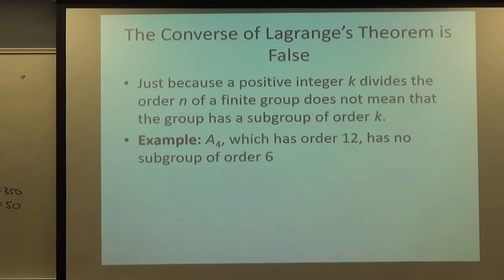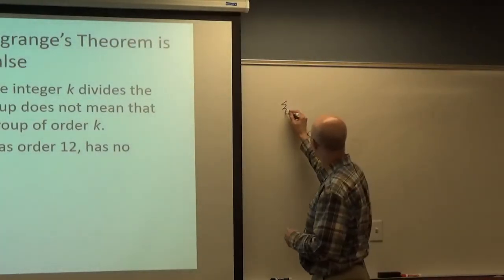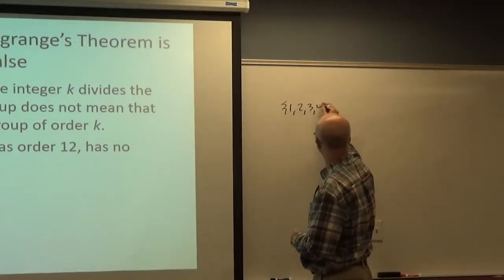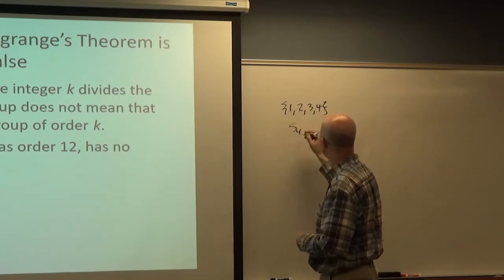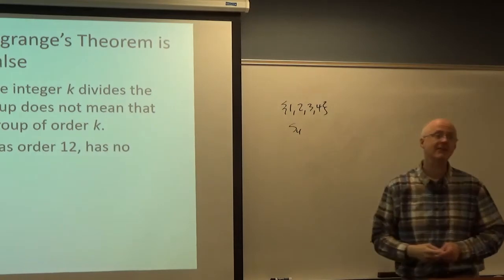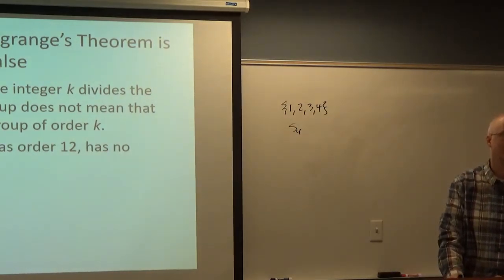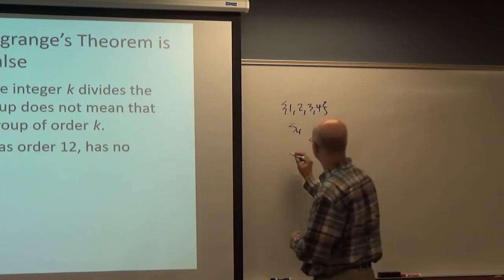A4 was the alternating group on 4 symbols, a subgroup of the symmetric group on 4 symbols, the group of permutations of this set. S4 is all permutations of that. A4 is the subgroup of all even permutations in that group, also called the alternating group. It's got 4 factorial elements divided by 2.